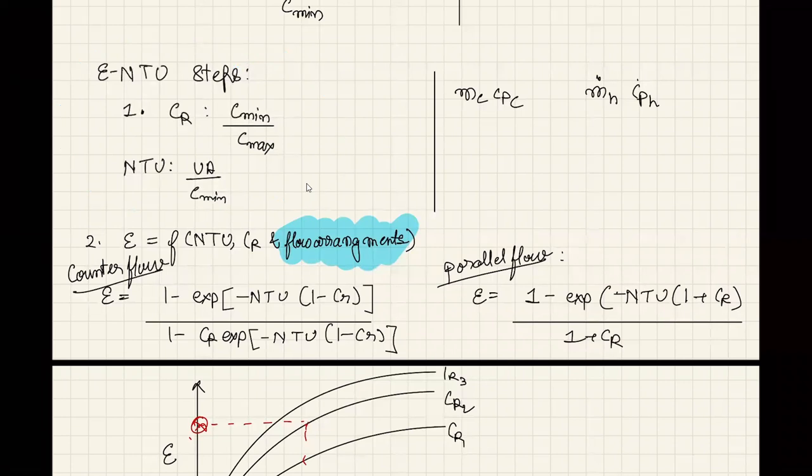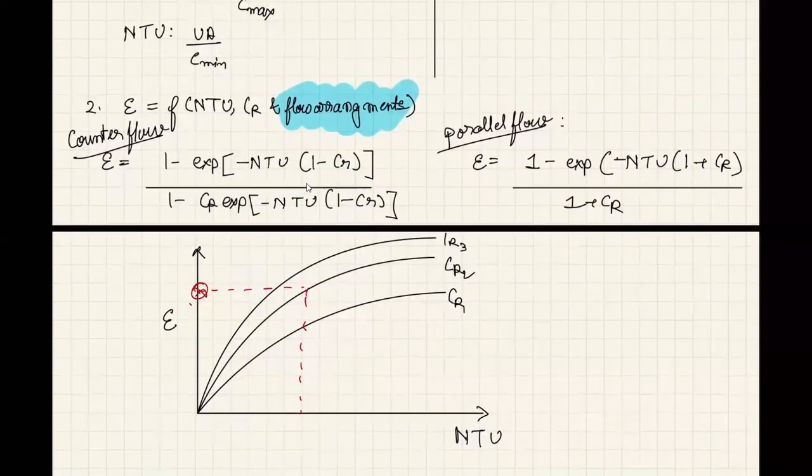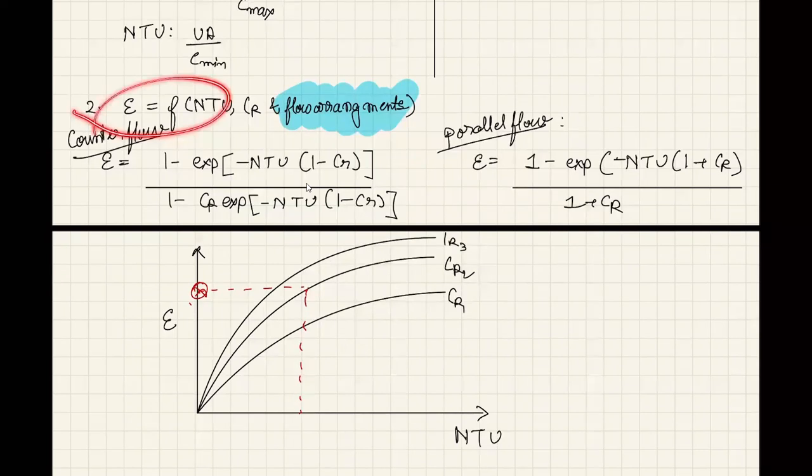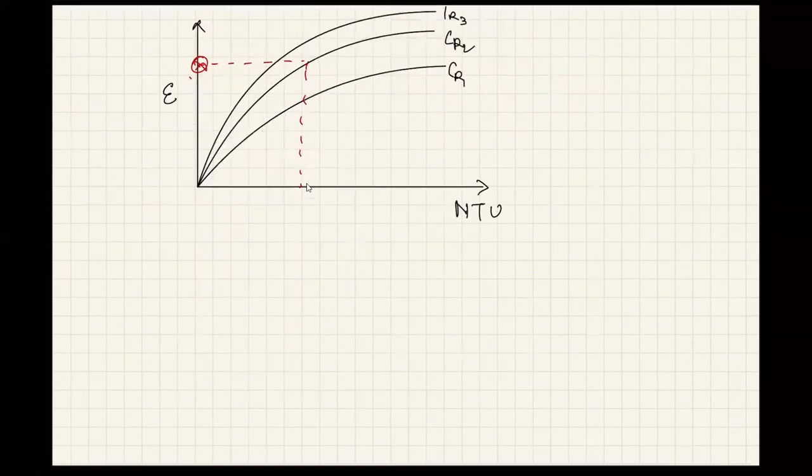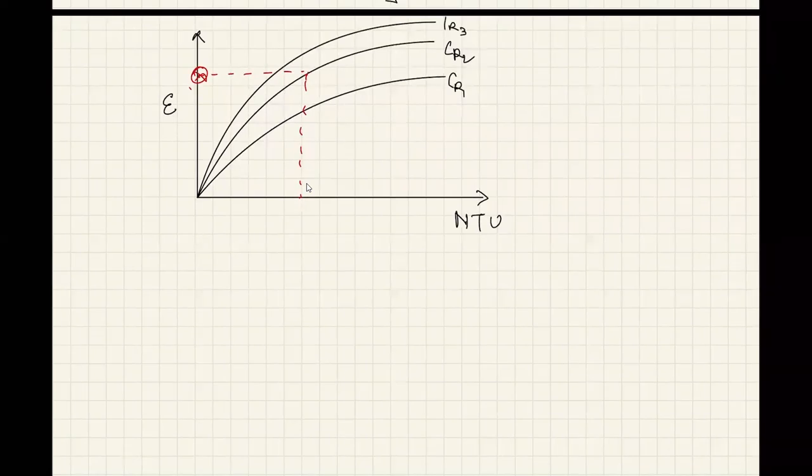So our step 2 was to calculate the value of epsilon. Now once the value of epsilon is known, you can simply compute the value of Q, right? How?